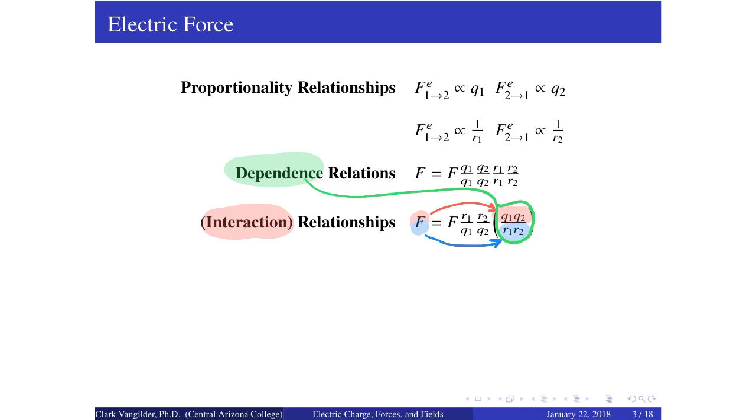Those would be essentially the dependence relations, which leaves us with what we've noticed before, is that the leftovers here end up being our constant of proportionality, our conversion factor. Basically, this yellow glob of stuff converts the red and blue glob into force.